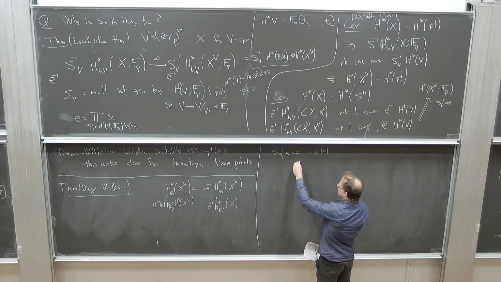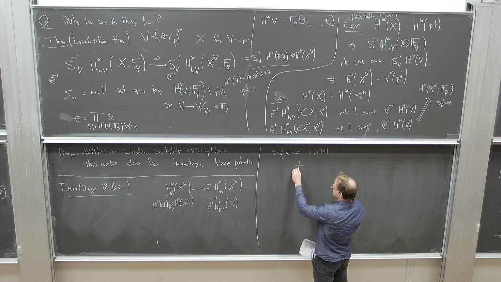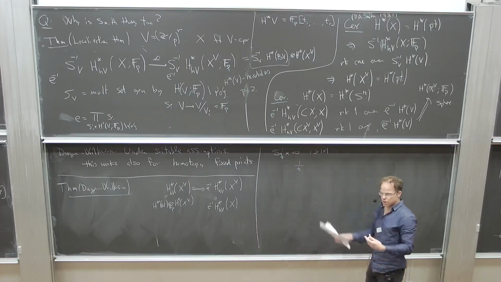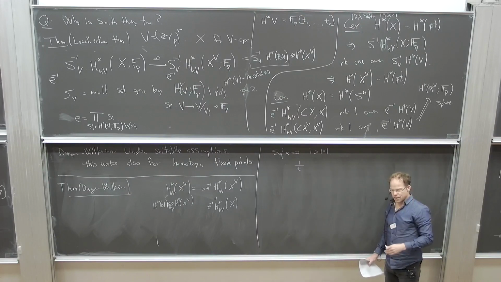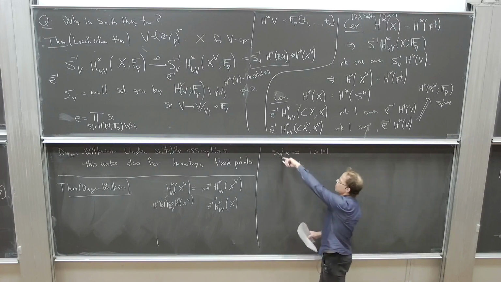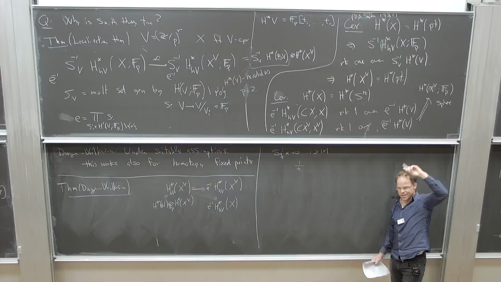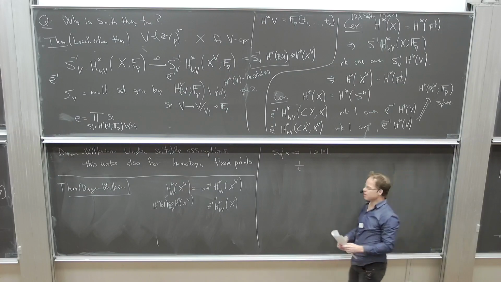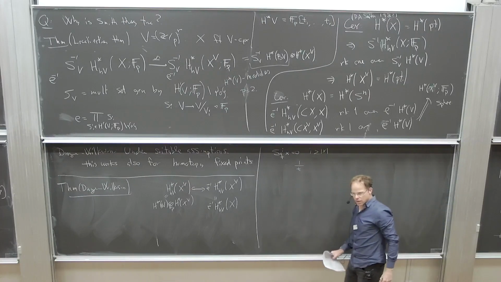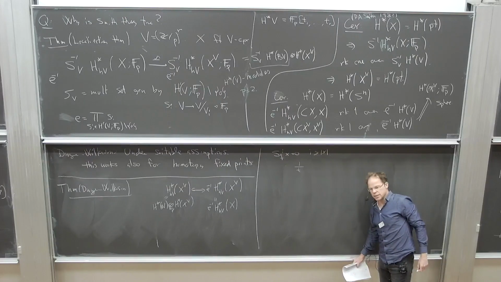By the Cartan formula, you know how the Steenrod algebra should act on 1 over t, and you see that this will have infinitely many Steenrod squares on it. So this cannot be the cohomology of some space.